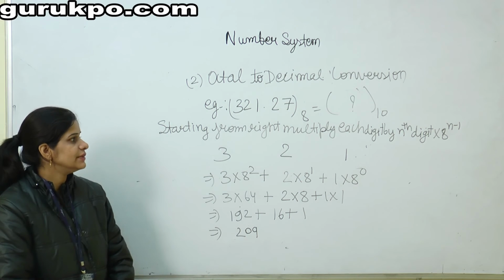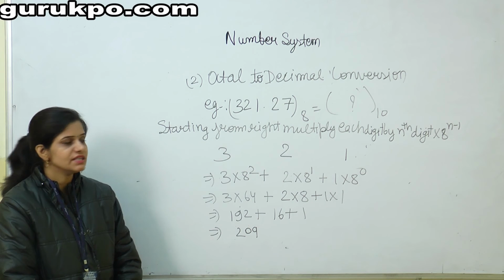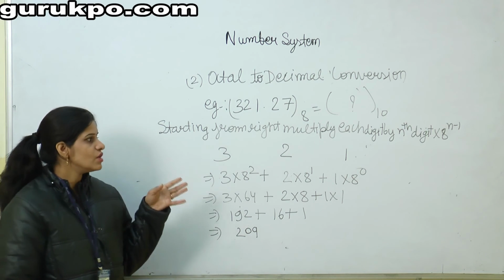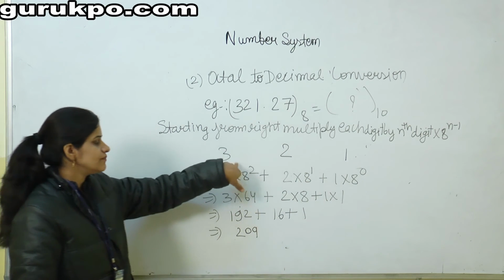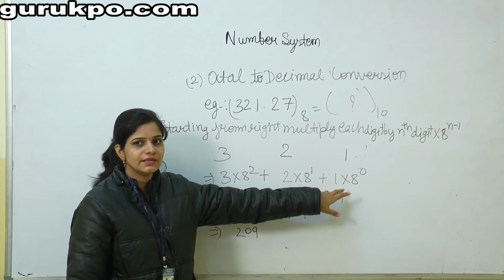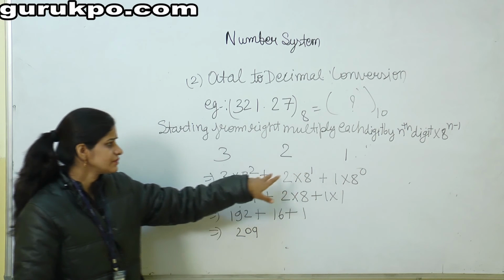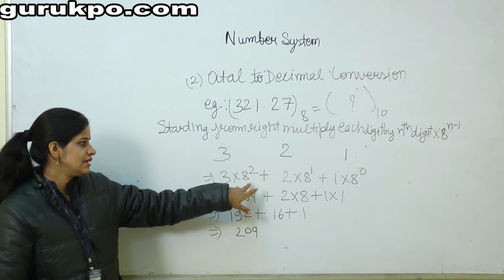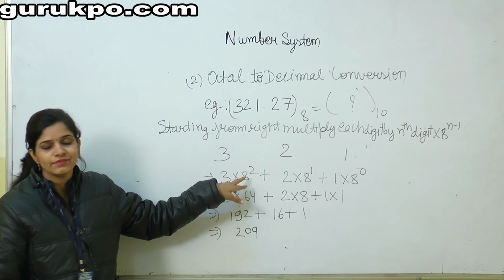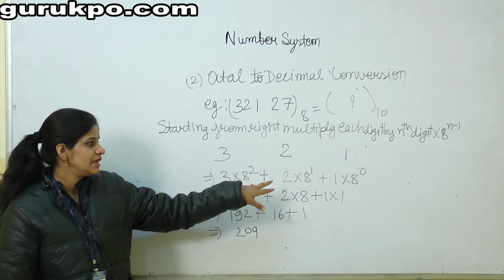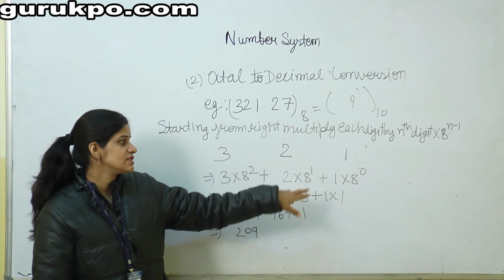Starting from the right, multiply each digit by 8 to the power n minus 1, writing from right to left. Firstly write down 1, 2, 3: 1 multiplied by 8 to the power 0, plus 2 multiplied by 8 to the power 1, plus 3 multiplied by 8 to the power 2. 8 to the power 2 is 64, 8 to the power 1 is 8, and 8 to the power 0 is 1.